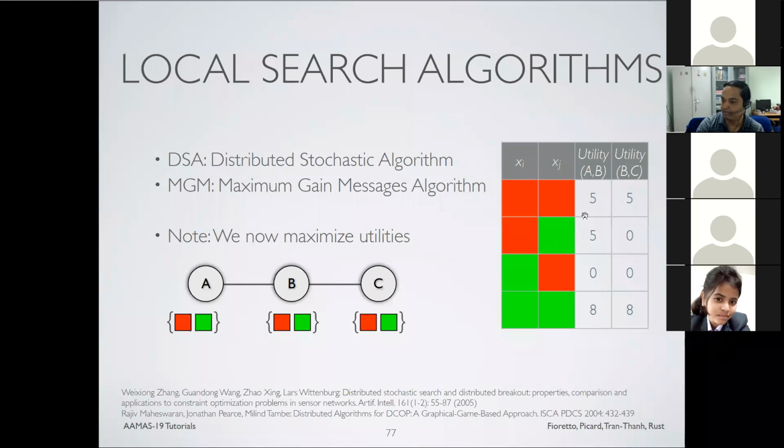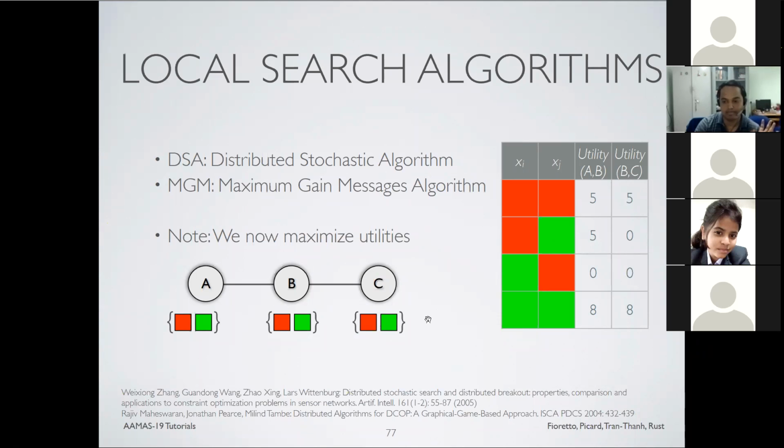If red-green, AB will give you 5, and BC will give you 0. Green-red, AB will give you 0, and BC is 0. If both are green-green, then AB will give you 8, and BC will give you 8.